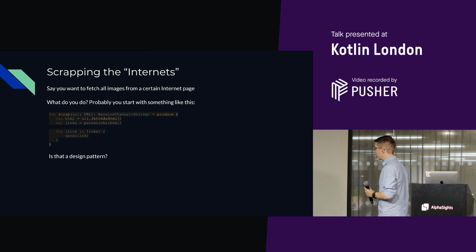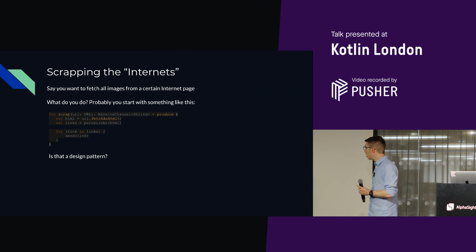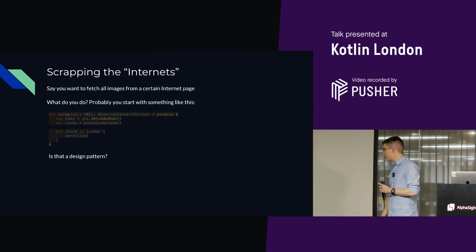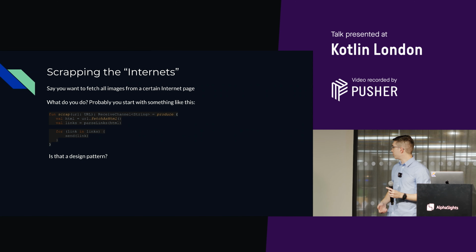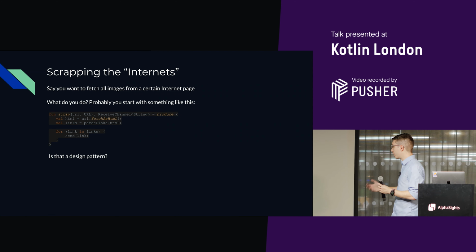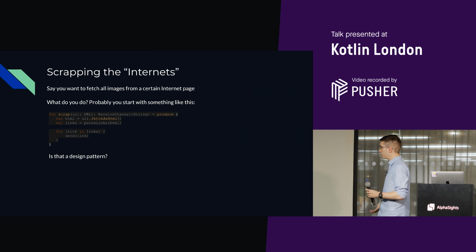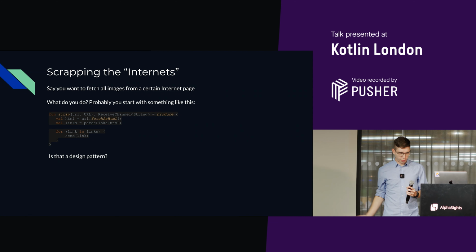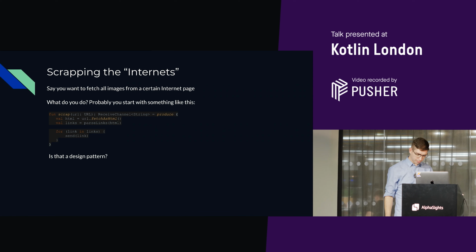So scrape gets a URL and returns a receive channel. Let's say it's a channel of strings. And then inside the coroutine, you fetch HTML. You parse it, so you get all the links from it. And then you start sending the links over the channel for somebody else to consume.